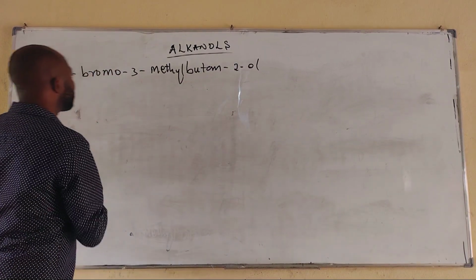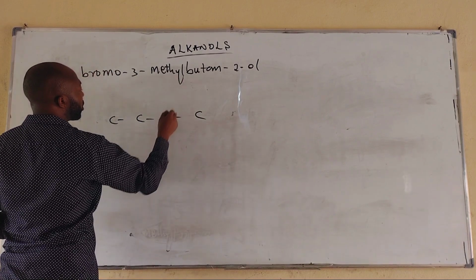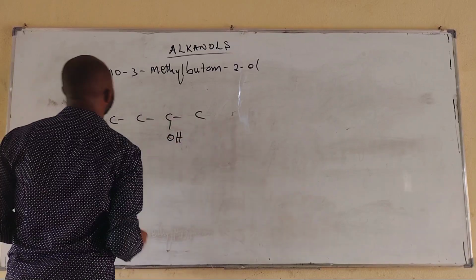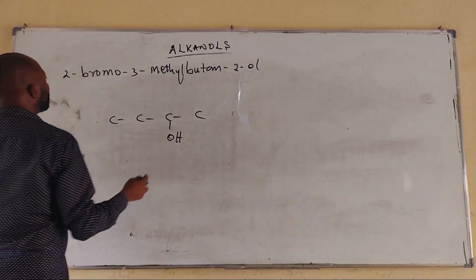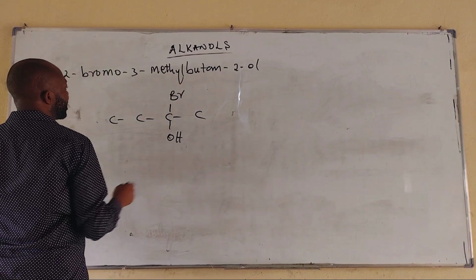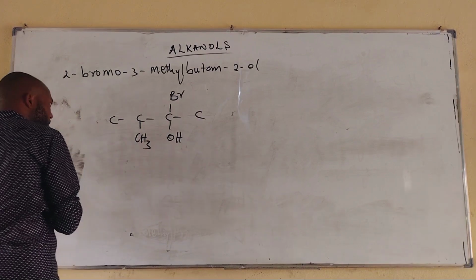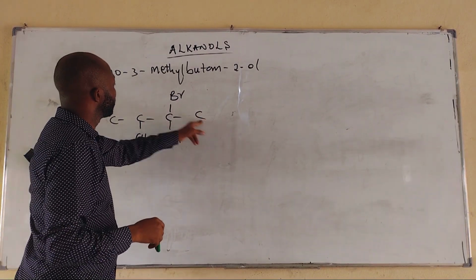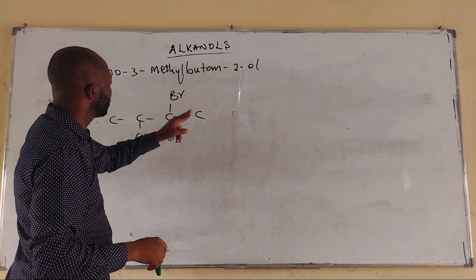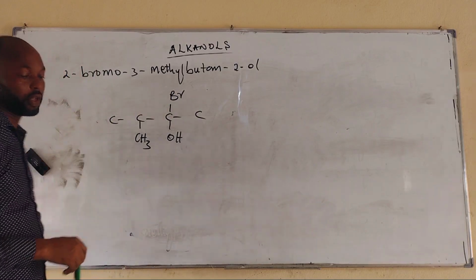So they have given us butane. 1, 2, 3, 4. Butan-2-ol. So OH is in carbon 2. Then 2-bromo will also be here. Bromine will be here. 3-methyl, 1, 2, 3. Yeah, CH3. So this is 2-bromo-3-methyl-2-butanol, or butan-2-ol. So that is just it.